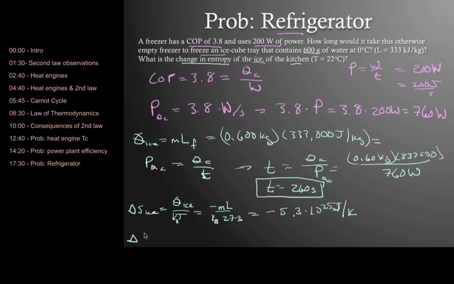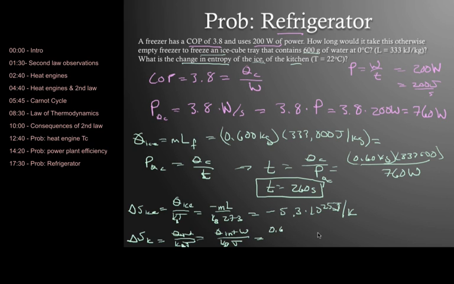So now what about the kitchen? That's going to be the Q out of the whole thing. And it's not going to be equal to the same thing, because Q out is not equal to the Q of the ice, because our refrigerator isn't 100% perfect. So the Q out is equal to the Q in plus the work that's done, all over kBT.